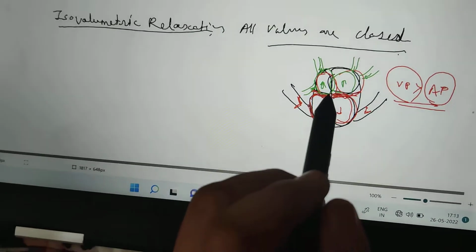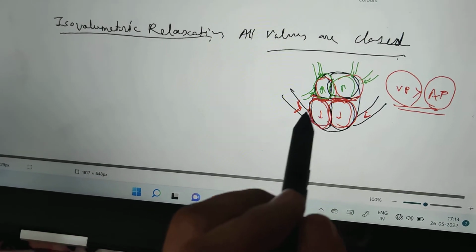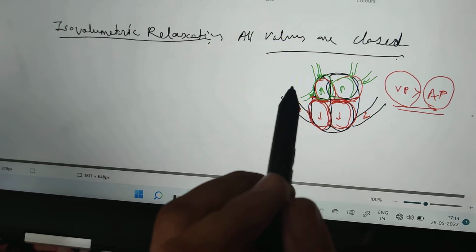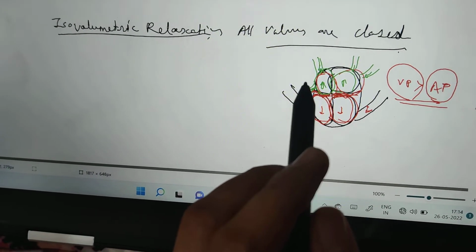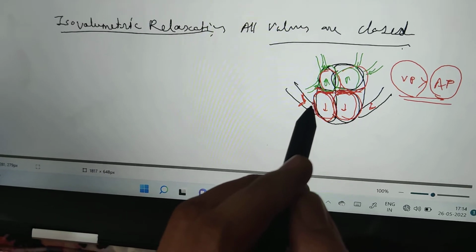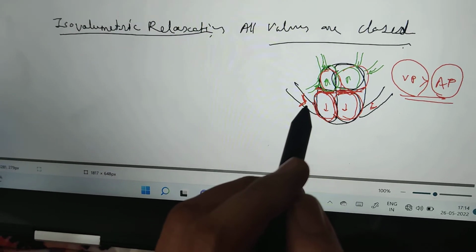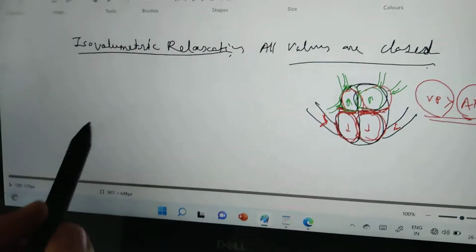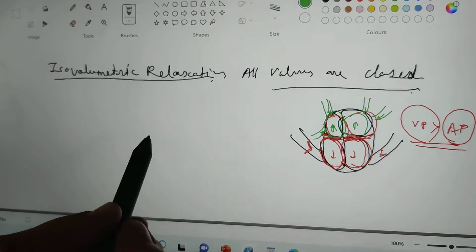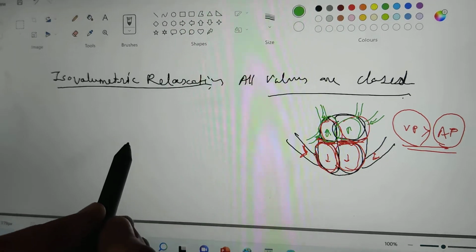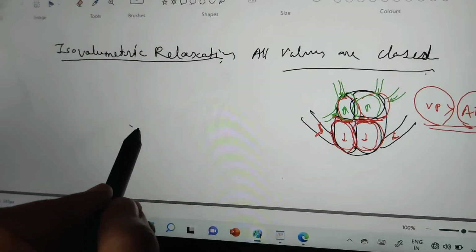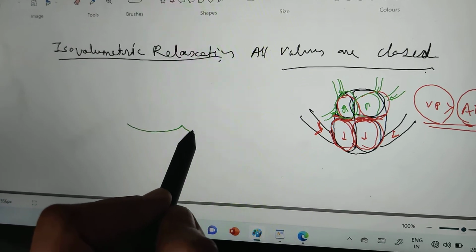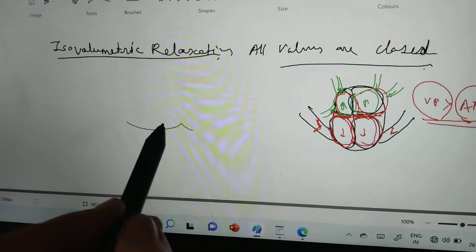So the venous return increases and the atrial pressure also increases, with the V wave of the GVP waveform peaking during this phase. In the GVP, after the X descent the V waveform occurs.